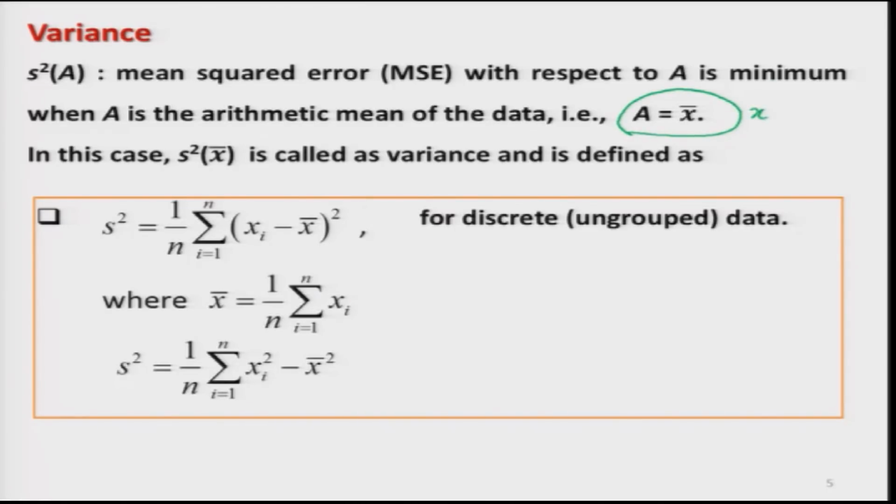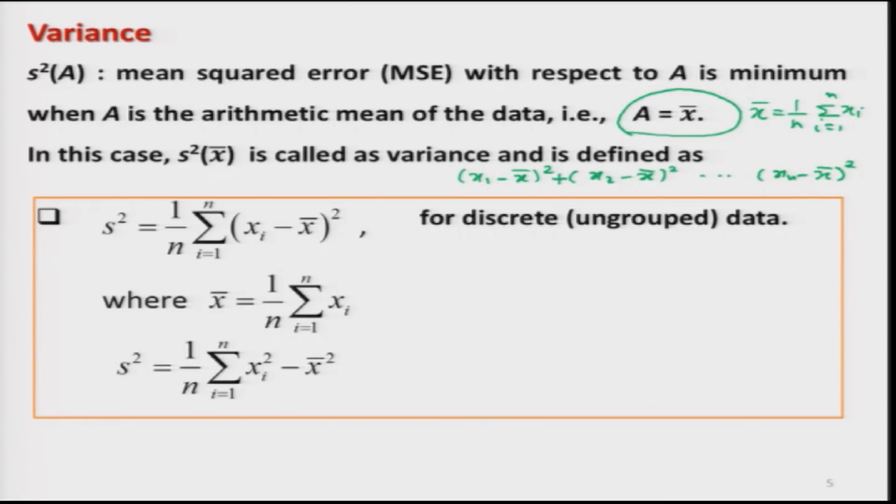X bar here is 1 over n summation i goes from 1 to n xi, that is the arithmetic mean. And then I define the deviations x1 minus x bar whole square, x2 minus x bar whole square, and up to xn minus x bar whole square.